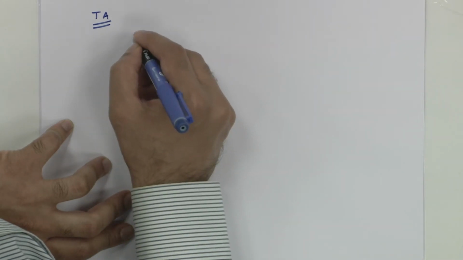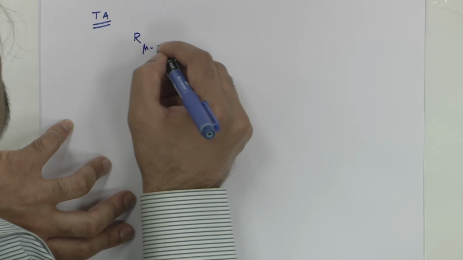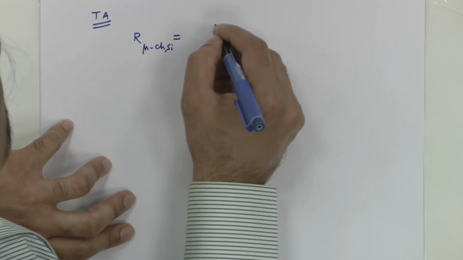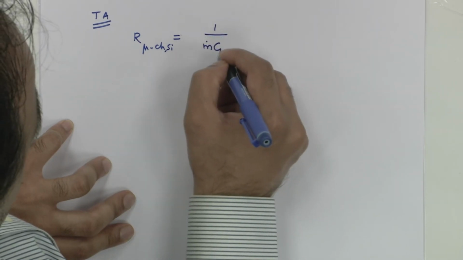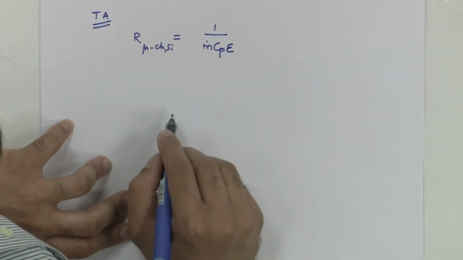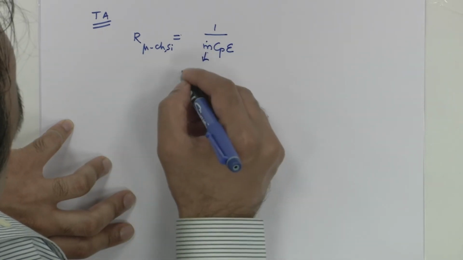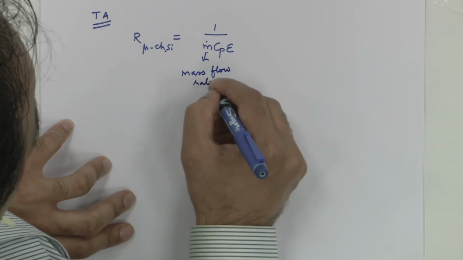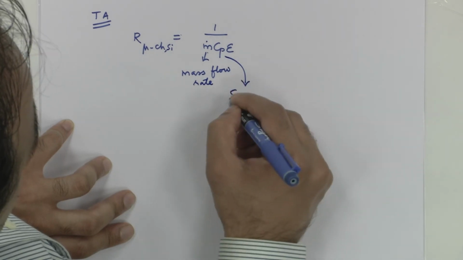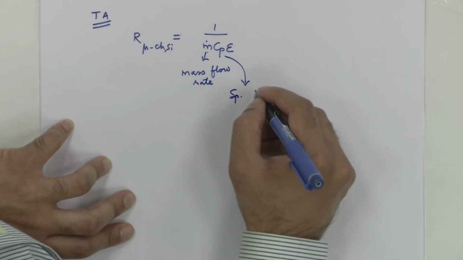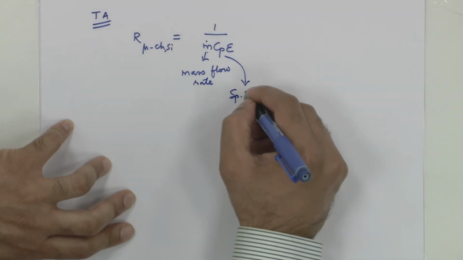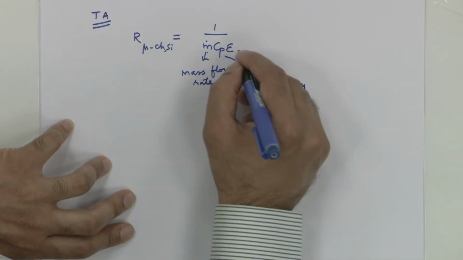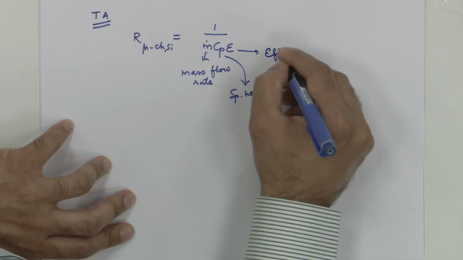So for calculating a resistance for the microchannel heat sinks based on the silicon, we need to use the expression 1 by m dot Cp into effectiveness. m dot is the mass flow rate, Cp is the specific heat capacity, and epsilon is the effectiveness of the heat sink.